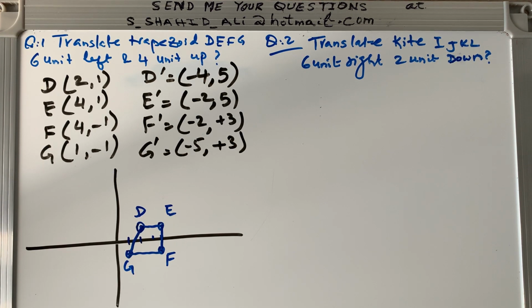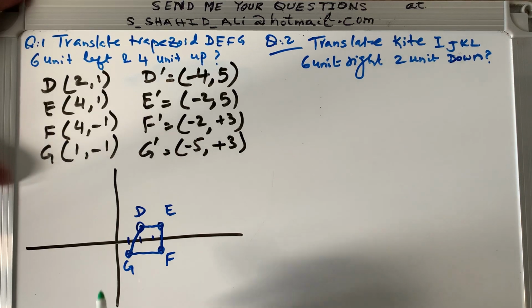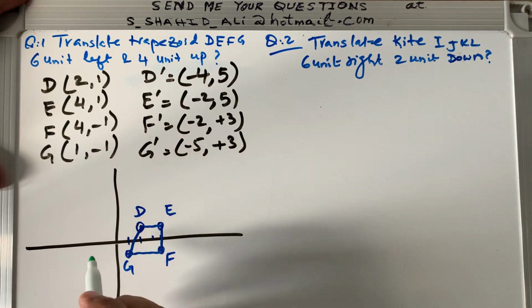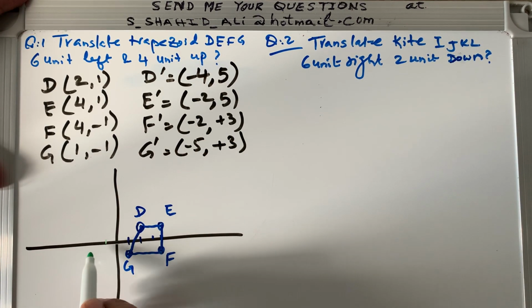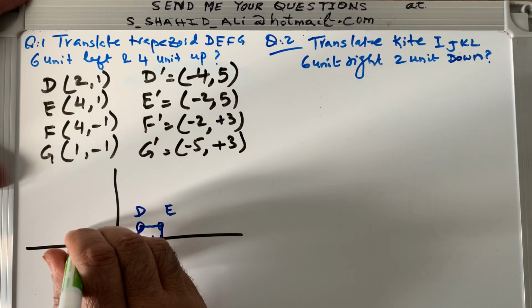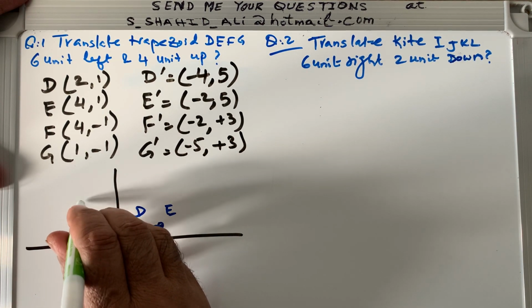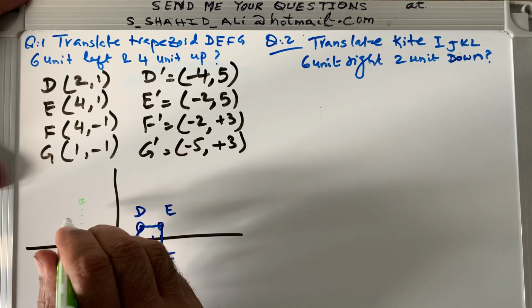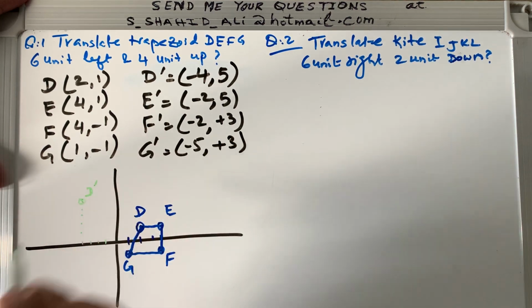Now I have to see that if I translate it, I have the other coordinate system now, the translated coordinate system. Minus 4, 5. Minus 4 means 1, 2, 3, 4. Minus 4, and then I have 5. So 1, 2, 3, 4, 5. So I have this point as D dash, right?